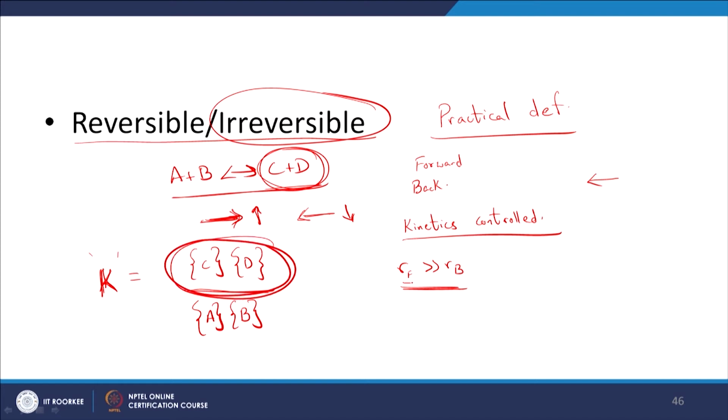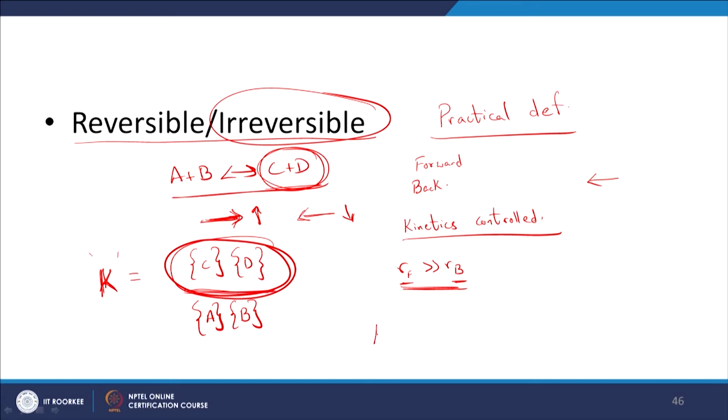Why is that? Because the rate of the forward reaction is far greater than the rate of the backward reaction. So as A and B react to go to C and D they accumulate, but simultaneously C and D going back to form A and B is very slow. So you only see accumulation of C and D.